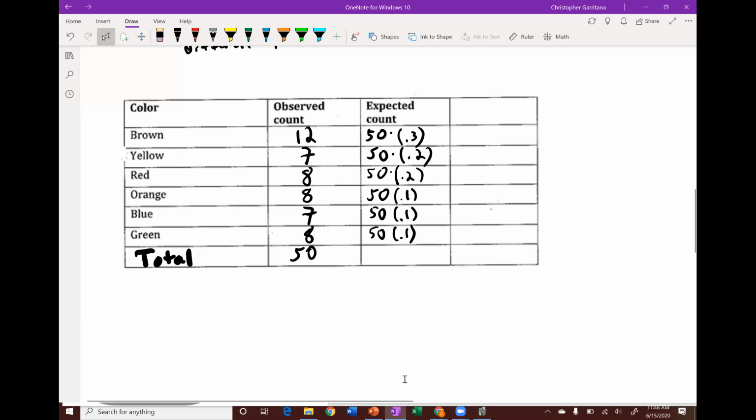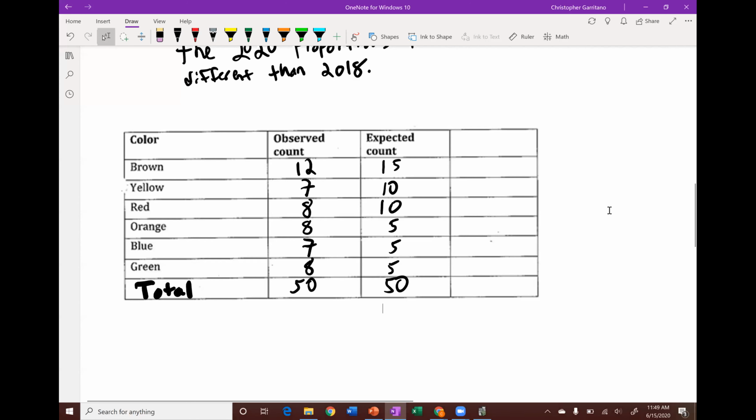Okay, and so this is how you would calculate this column. I am now going to go ahead and actually write the counts. Okay, and there you have it. So these are the expected counts based on the null hypothesis and assuming that it's true.